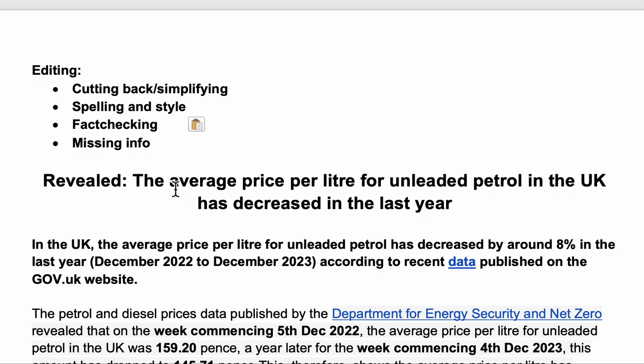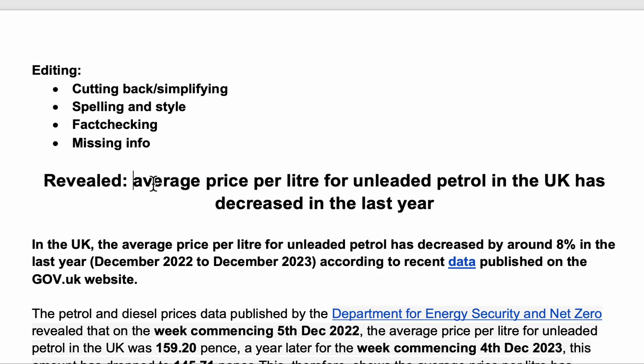One of the things about headlines is you can chop words out. So we can chop out the, for example, average price per litre for unleaded petrol has decreased in the last year. Now, in the UK, is something we can cut out because our audience is UK based, the publication is UK based, Birmingham East Side is the publication here.